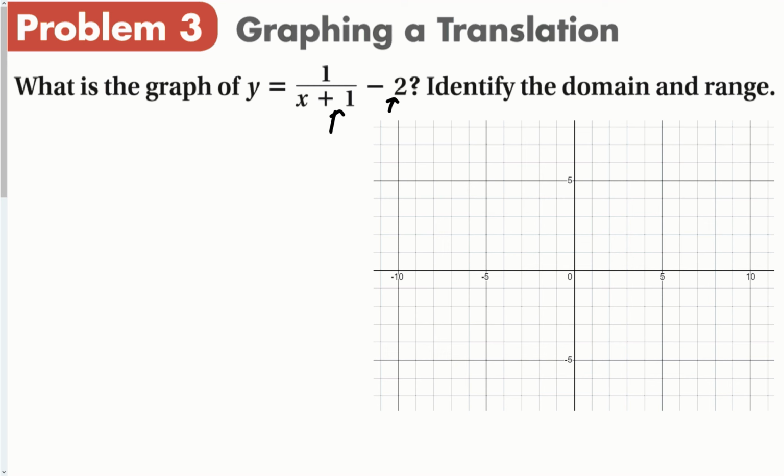So a good technique, and one that we're going to use even in the next section when we graph more complicated functions, is to draw the asymptotes first, then plug in some points. So draw the asymptote first. It usually is at 0, but now it's been shifted left 1.